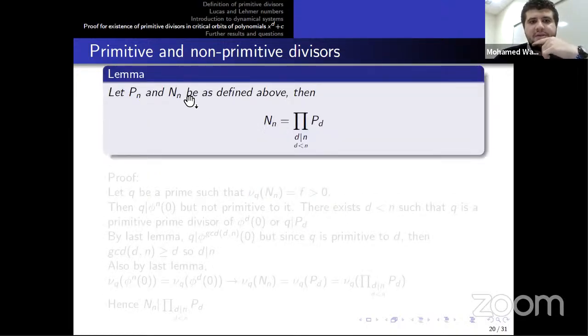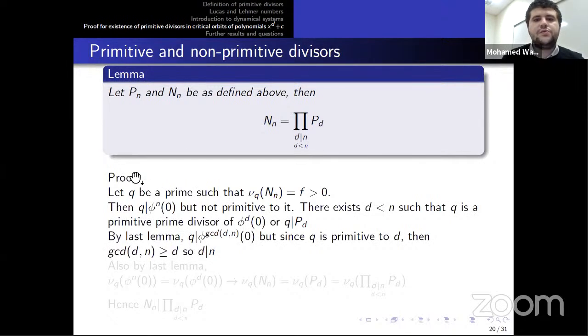So we will have a lemma that will be using the divisibility sequence. That lemma is: the non-primitive part of phi n is equal to the product of the primitive parts of phi d, where d divides n and d is less than n. So we can prove that, we will see.